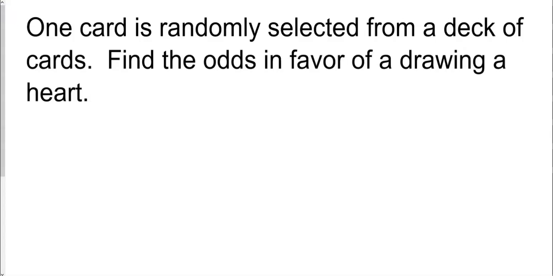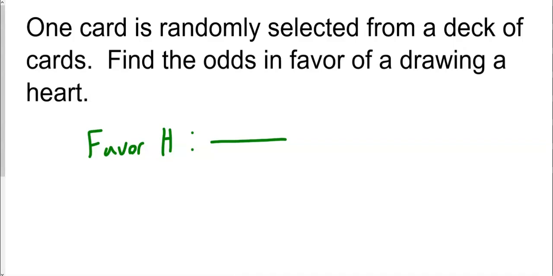So here it says 1 card is randomly selected from a deck of cards. Find the odds in favor of drawing a heart. So we are in favor of a heart. So let's talk about those odds, again, talking about it my way. On top, how many hearts are there?